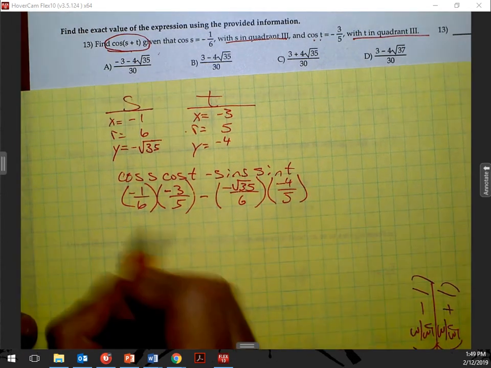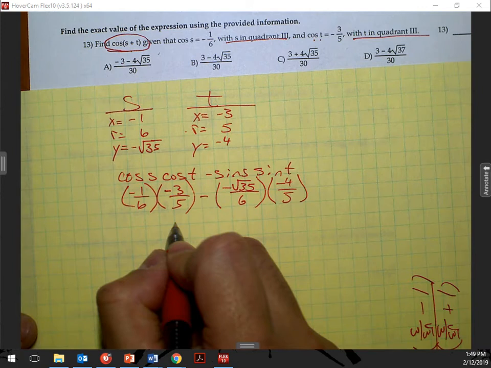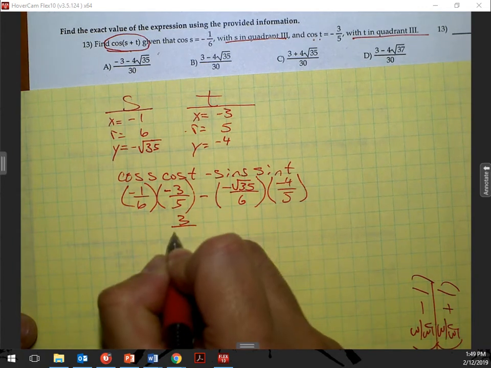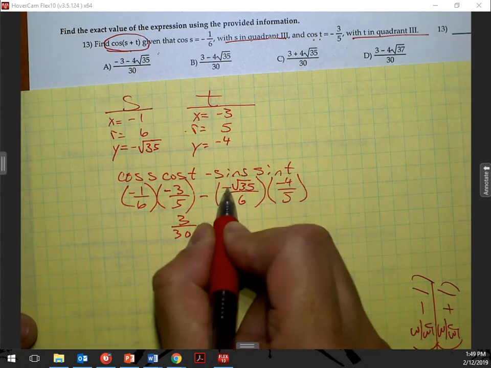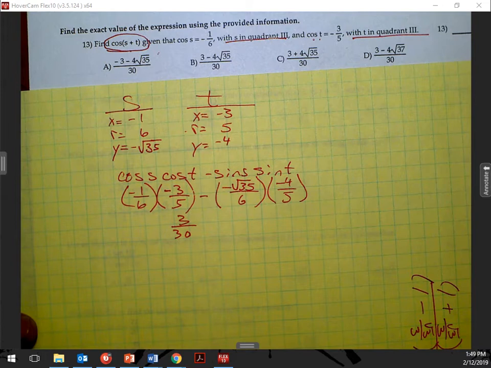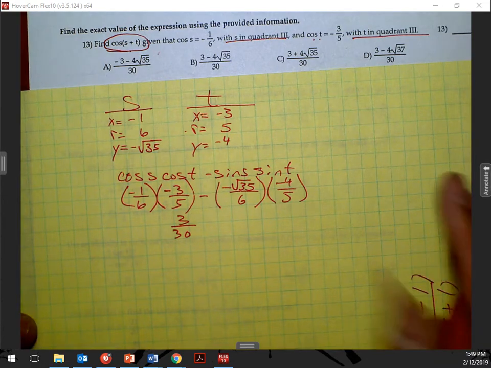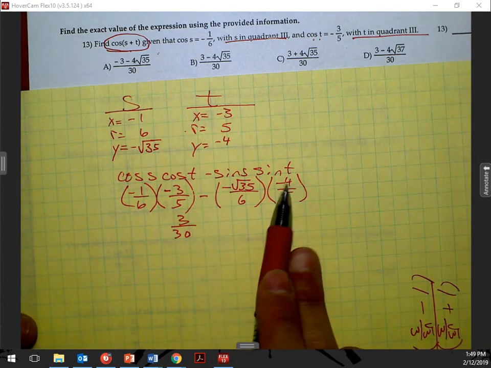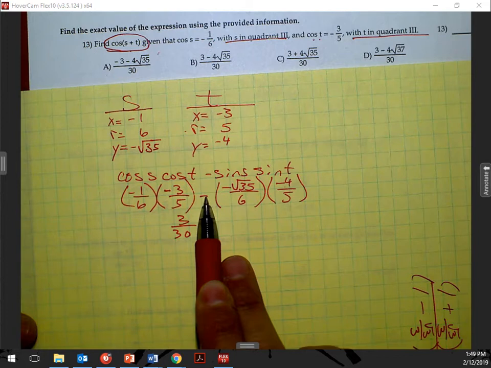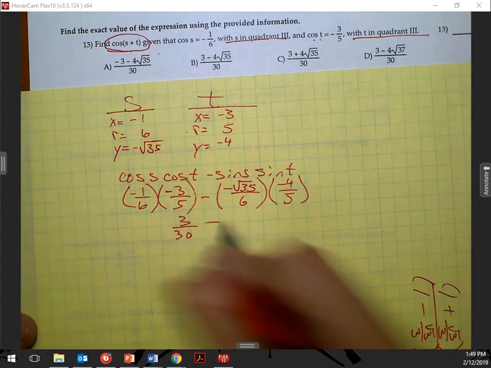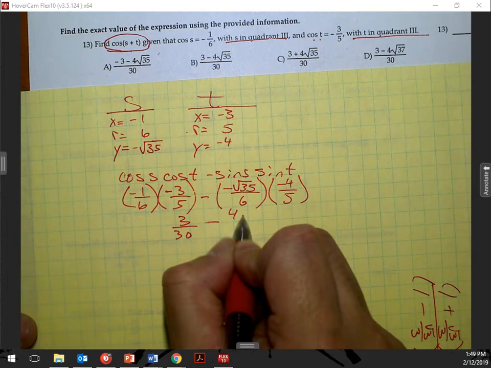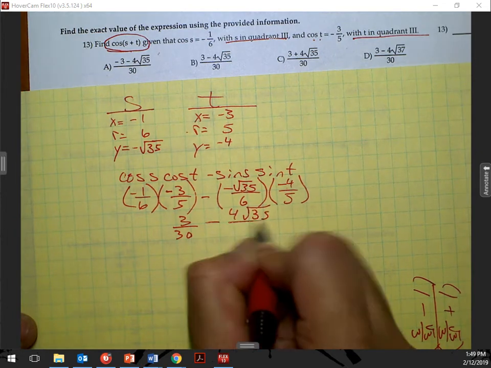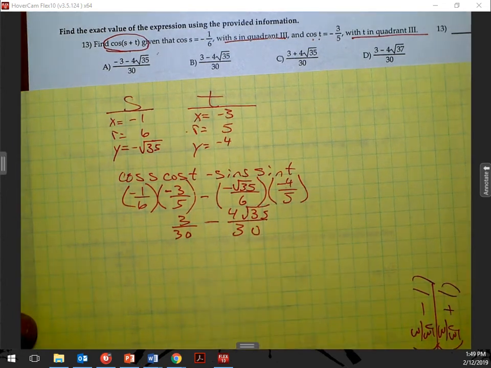Negative negative makes a positive. Negative negative negative makes a negative, and also a minus sign. So together, all those are going to be a negative. So together, I get negative 3 minus 4 rad 35, all over 30.